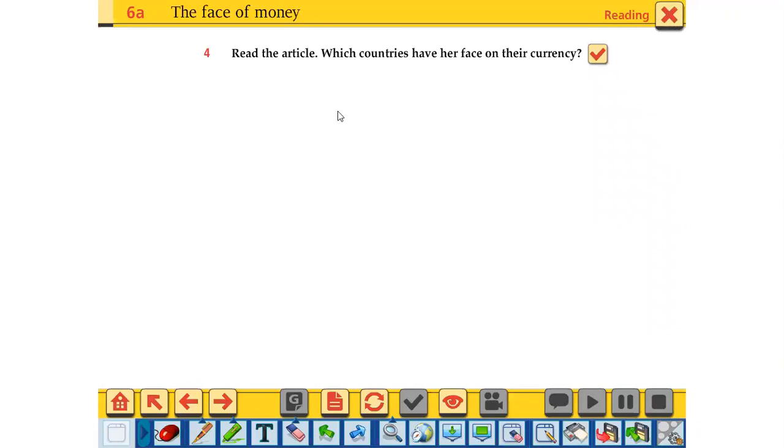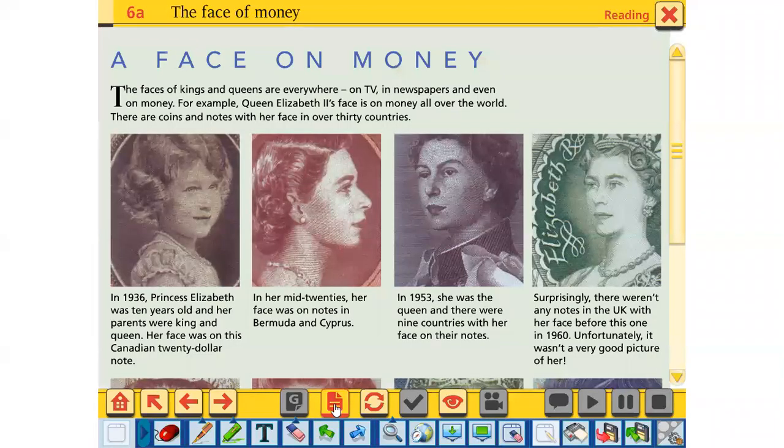Okay, we have to read the article. A face on money. The faces of kings and queens are everywhere, on TV, in newspapers, and even on money. For example, Queen Elizabeth II's face is on money all over the world.